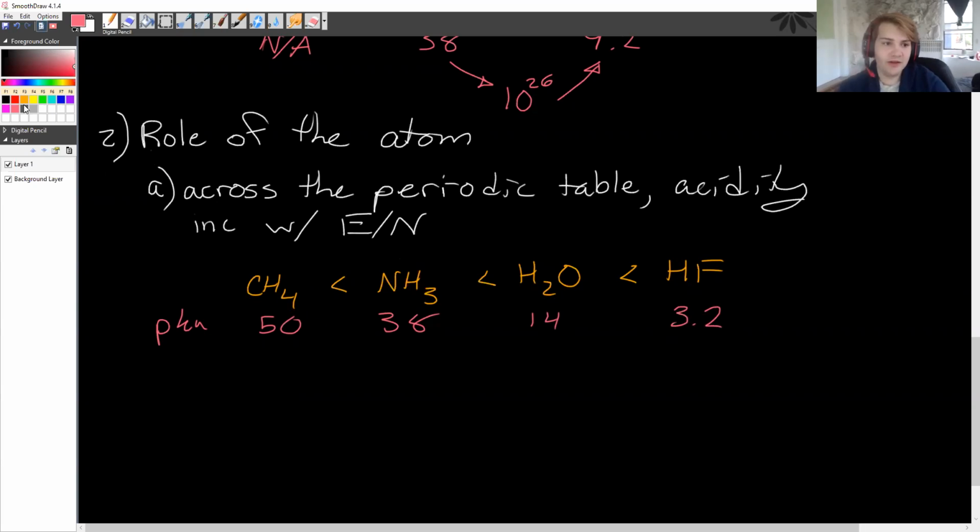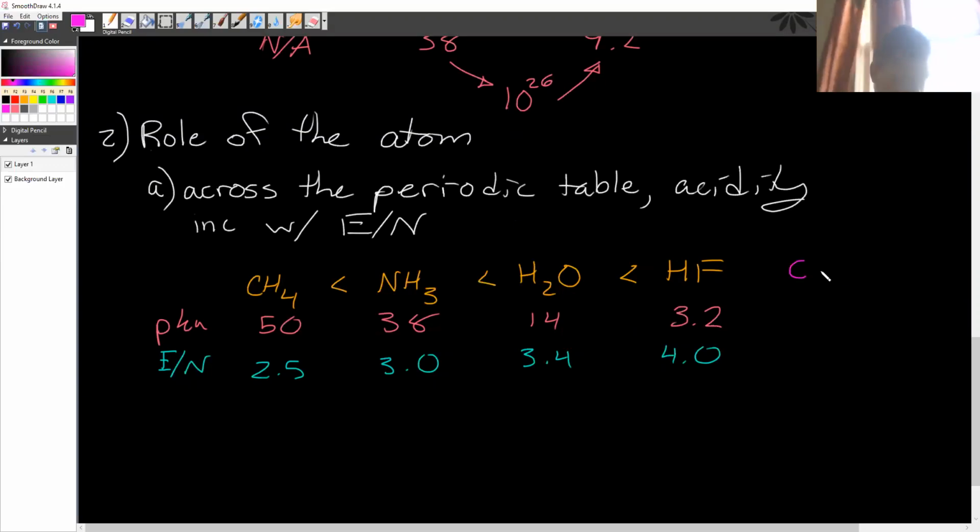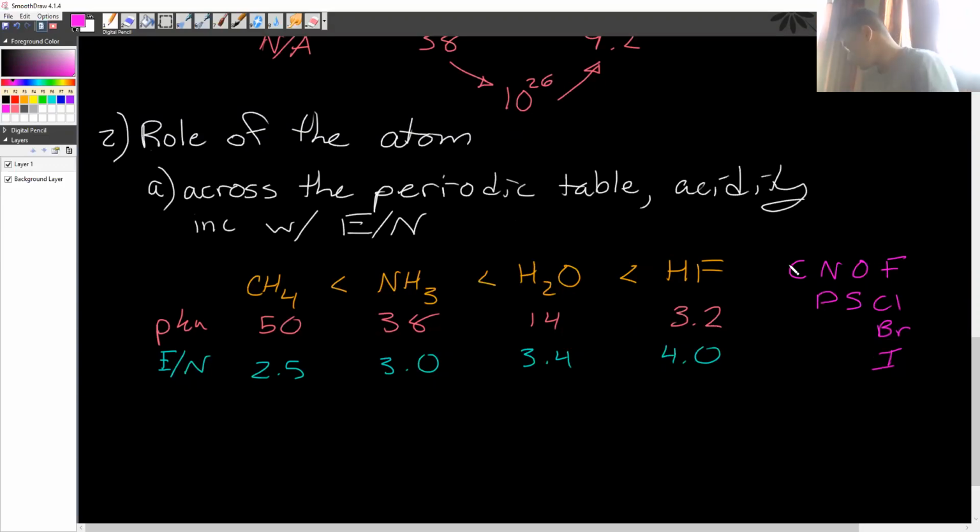And again, what you see is that as you go to the more electronegative atom, like fluorine, which if we wanted to write out our electronegativities, we see that this is 2.5, 3.0, 3.4, 4.0, that as electronegativity goes up, as we go across the periodic table, we are increasing acidity. So if we wanted to write in our periodic table, we are increasing acidity as we go this way.